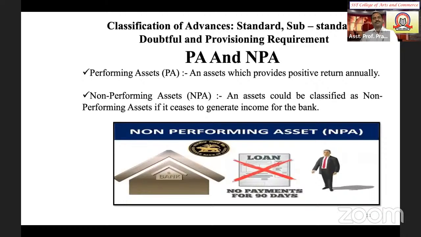Now, another practical question they may ask is on classification of advances: standard, substandard, doubtful, and provisions. In banking, there are two types of advances: performing assets and non-performing assets. If any advance delays payment by more than 3 months, that type of asset goes under non-performing assets.